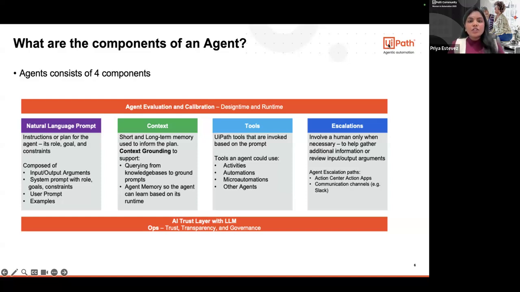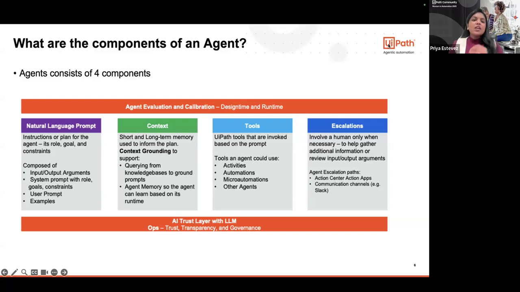And then we leverage the tools in the UiPath platform. The UiPath platform offers you activities, automations, or you could call another agent to be part of your super agent, because these are tools that make your agent act more efficiently and more adaptably. And then comes the fourth main pillar, which is escalation. Within UiPath Agentic Automation, you could define your plan for escalation.